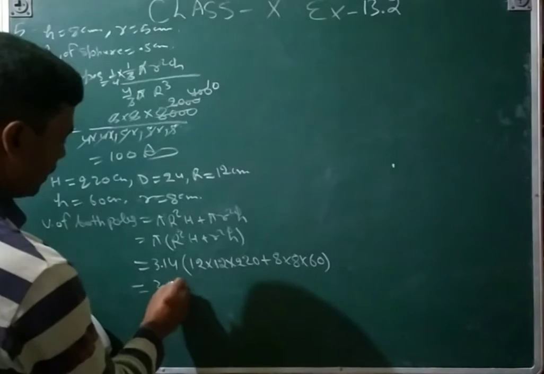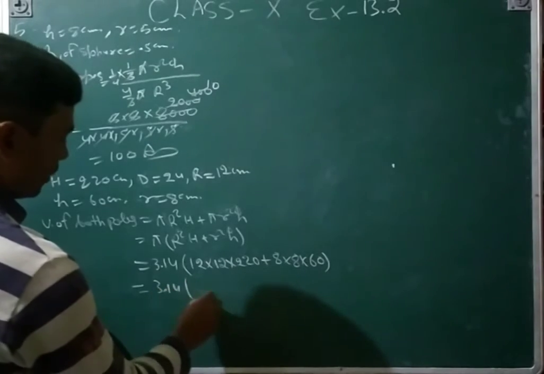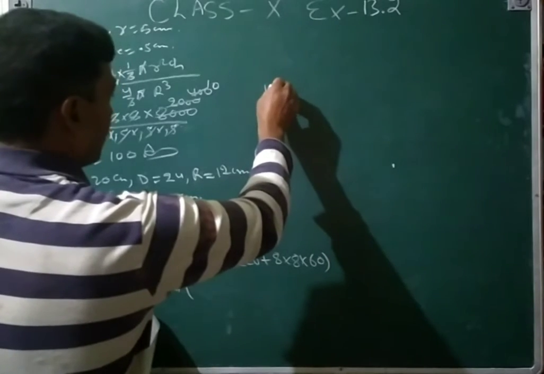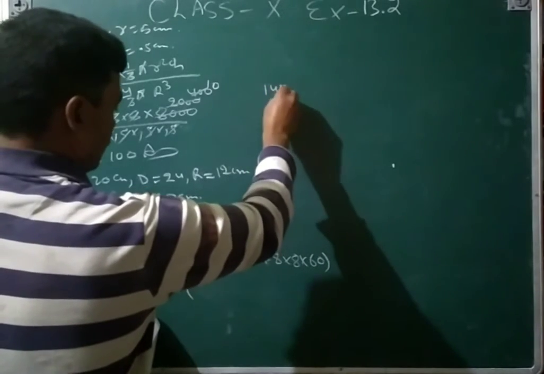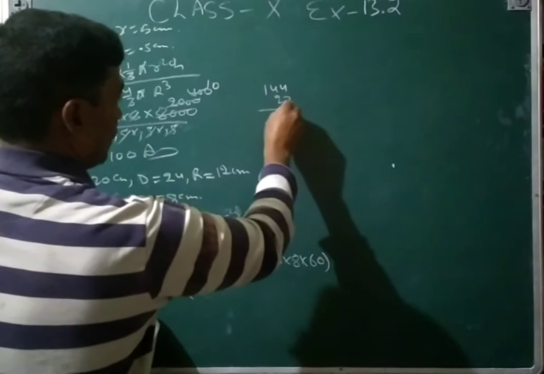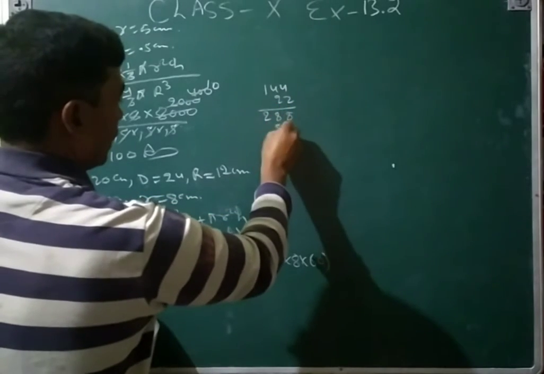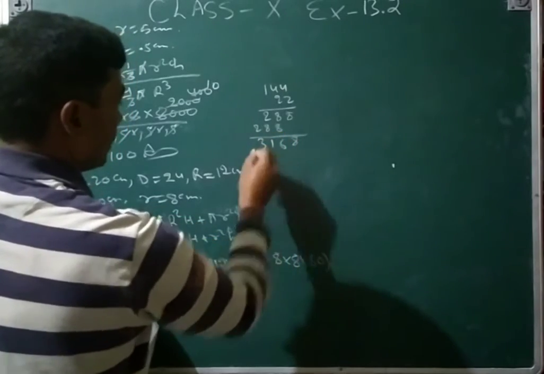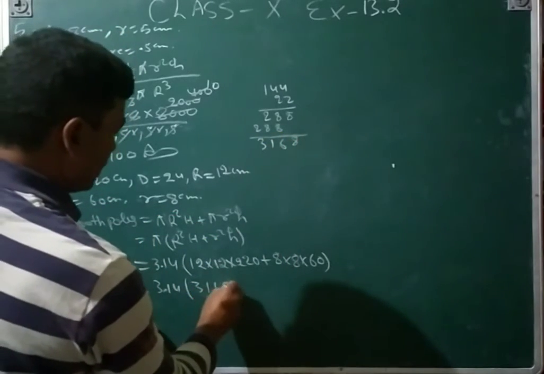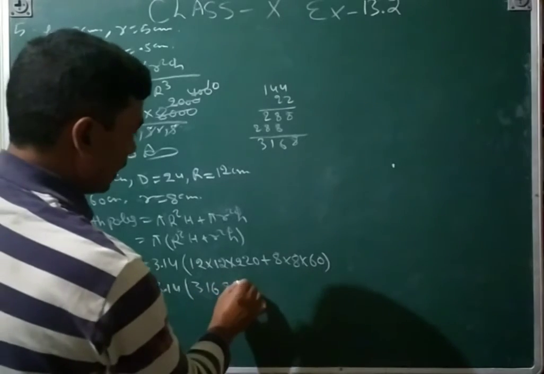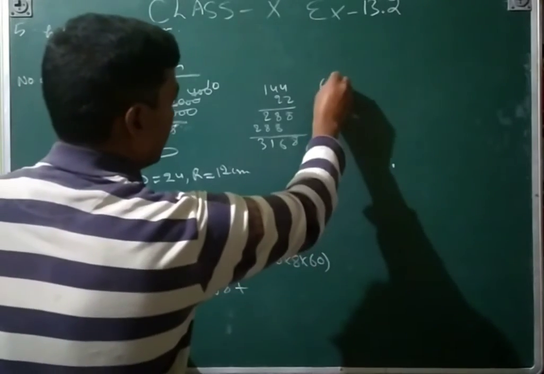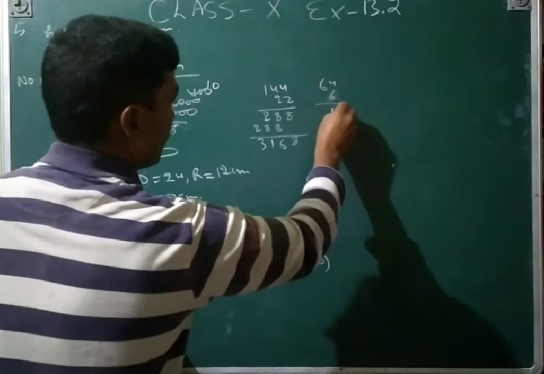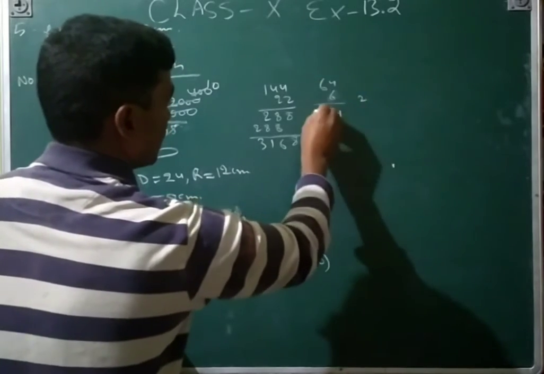Then 3.14 bracket. 12 12s are 144, and then by 220. 2 4s are 8, 2 4s are 8, 2 1s are 2, 8 8, 2 8, 16, 11, 3. 3168 plus 8 8s are 64, and then by 60. 6 4s are 24, carry 2, 6 6s are 36, 37, 38.